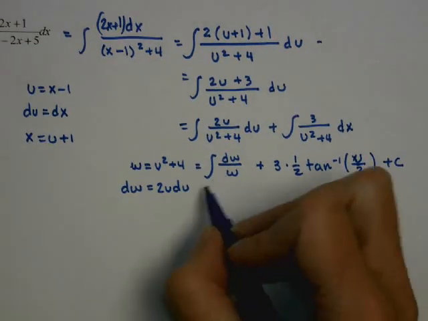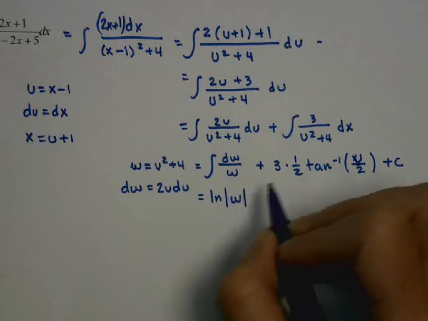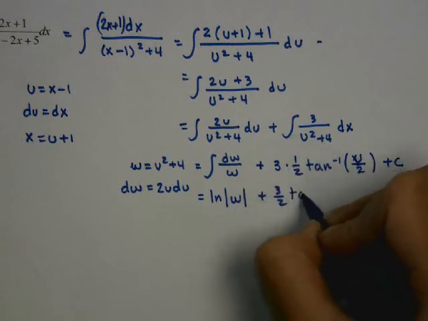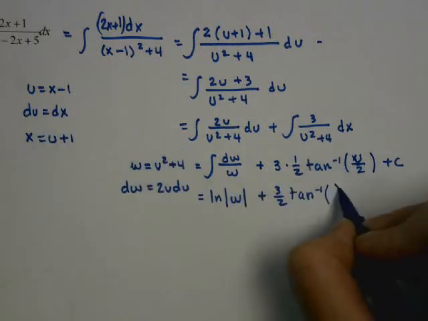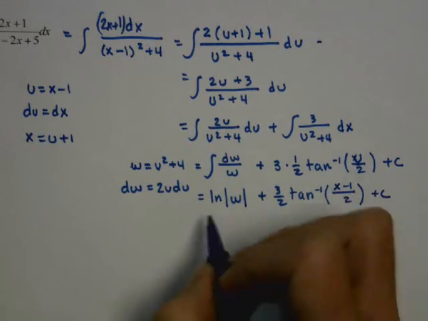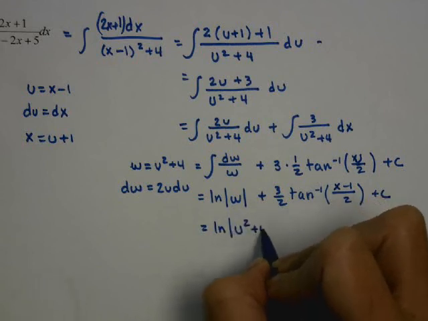All right, keep plugging away. So this is going to be the natural log of the absolute value of w plus 3/2 tangent inverse of u over 2. Here u was x minus 1. W is u squared plus 4.